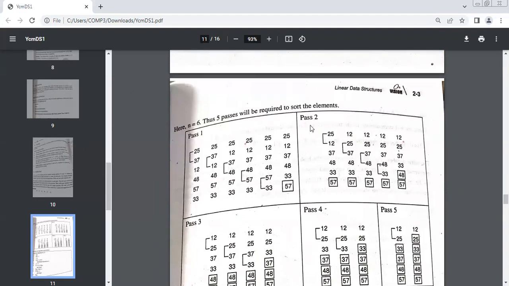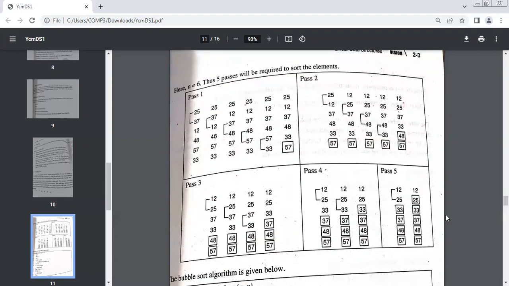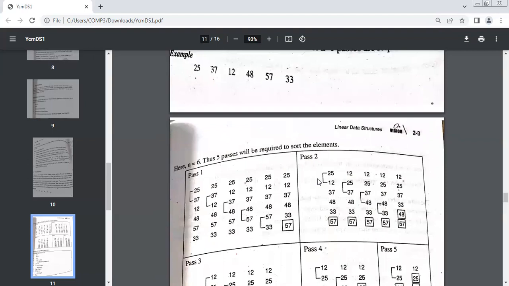Okay, pass 1, pass 2, pass 3, pass 4, pass 5, and in the last pass all elements are in sorted order. Here 12, 25, 33, 37, 48 and 57. Okay, so this is the bubble sort technique. In bubble sort technique, a number of iterations are performed.